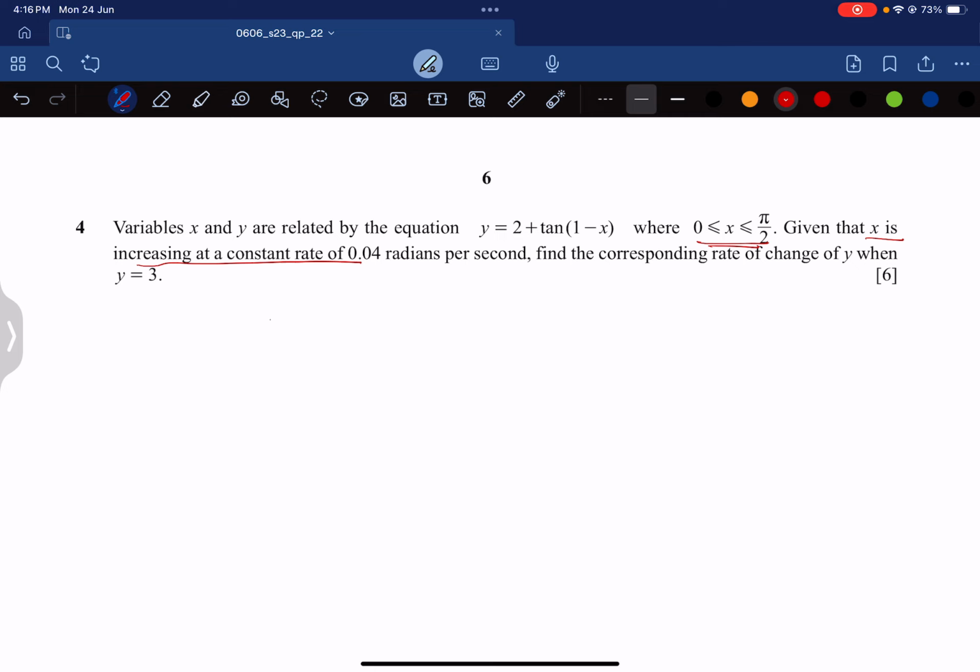So x is increasing means the rate of change of x, dx/dt, is 0.04. Find the rate of change of y, so they're asking for dy/dt.